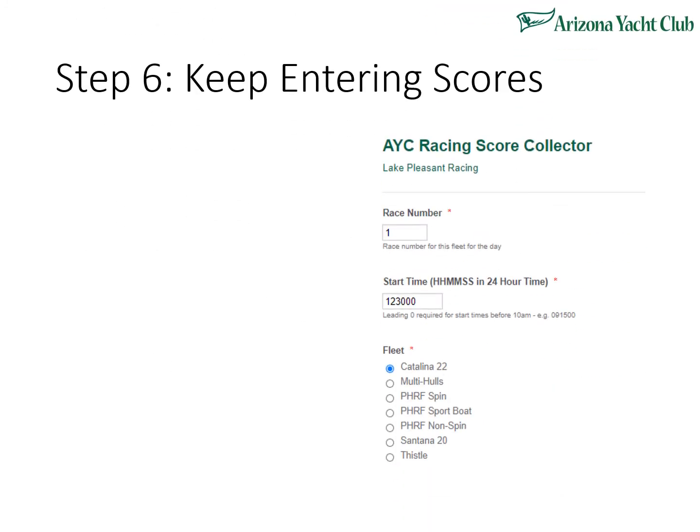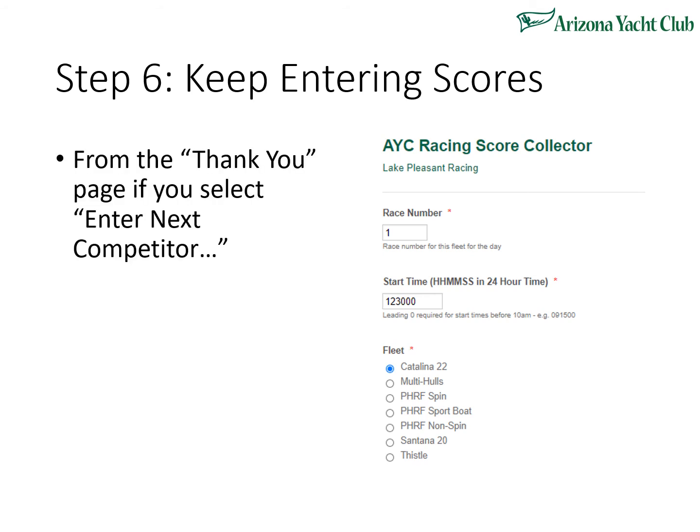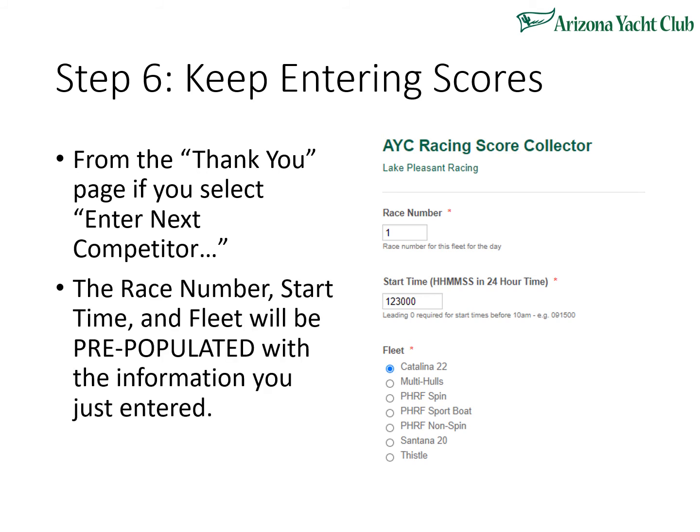Once you're certain it's correct, if you keep entering scores for the same race, you click Enter Next Competitor in the same race or fleet, and this will take you back to a form that is half pre-populated because you're working with the same race, the same start time, and the same fleet.